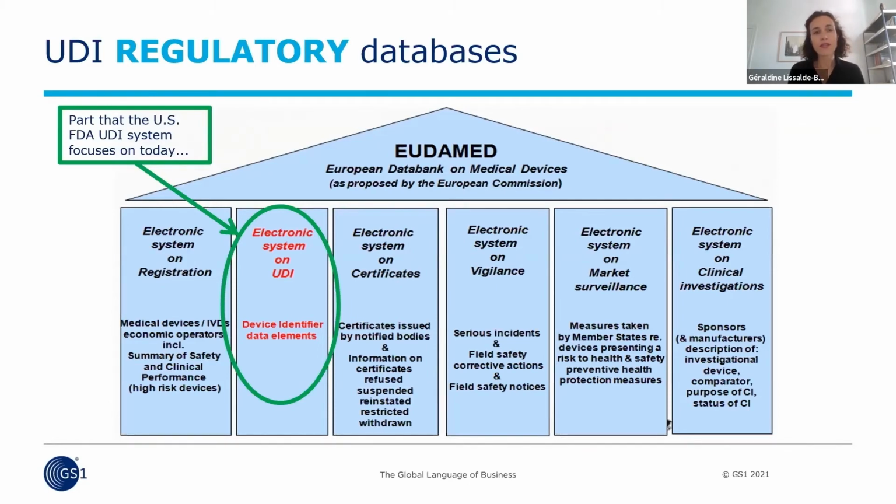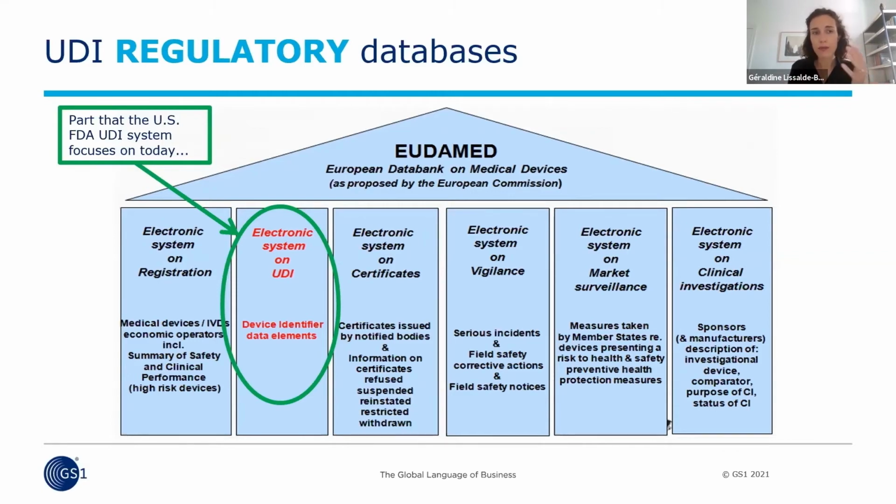And the idea is really to have a database which is covering the entire life cycle of a device, from the pre-market approval down to the use and the clinical investigations or market surveillance activities. And in the middle of it, you have one part which is related to the registration of the device.